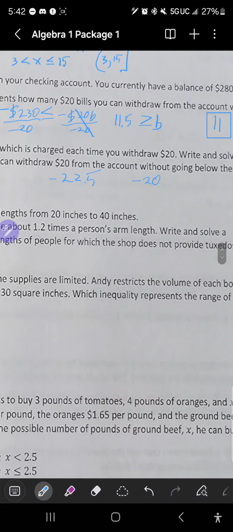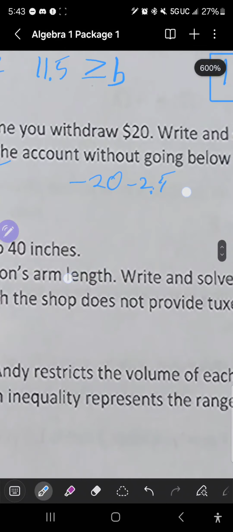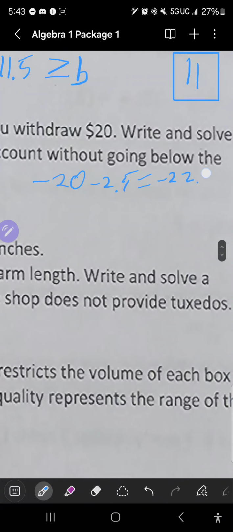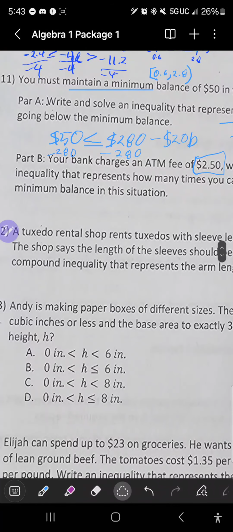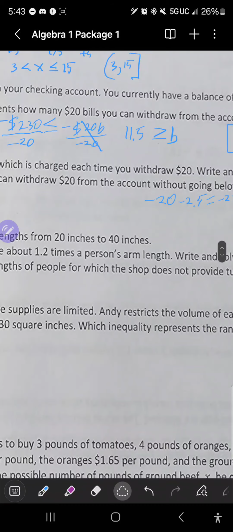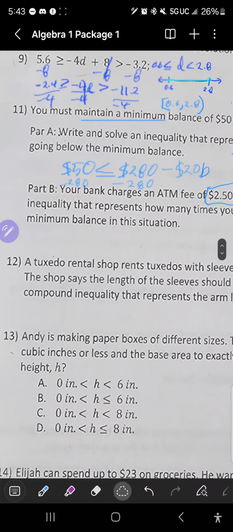It is the same as saying minus 20 minus 2.5, which, since they have the same sign, we just add together and keep the sign. It is the same as negative 22.5. And now we can get the same equation we got before, but substituting the 20 by the 22.5.